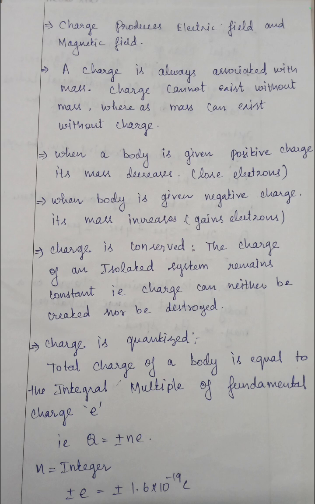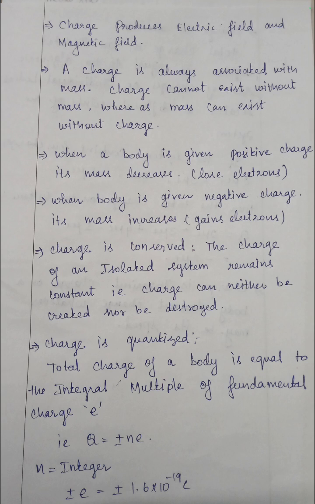When a body is given positive charge, its mass decreases, meaning when the body loses electrons, there is a deficiency of electrons, so the body becomes positively charged and its mass decreases. And when a body is given negative charge, its mass increases, because of the excess number of electrons.